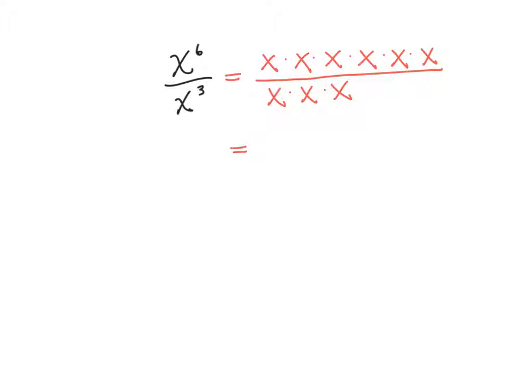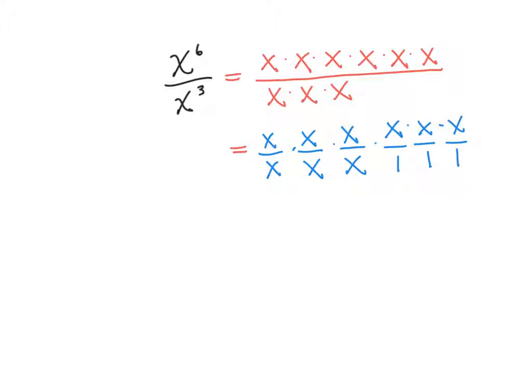Now we also hopefully remember that when I multiply fractions, I can just multiply across the top and the bottom. So really this is equal to x over x times x over x times x over x, and then I would have 3 x's left. If I wanted to keep it looking like a fraction, I would just put each of those over 1.